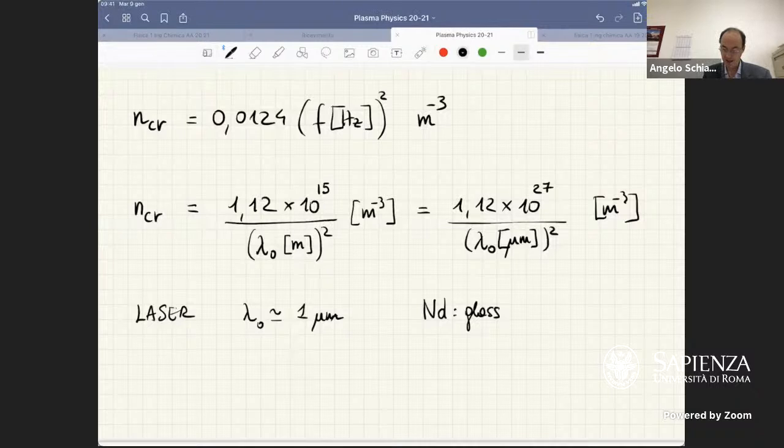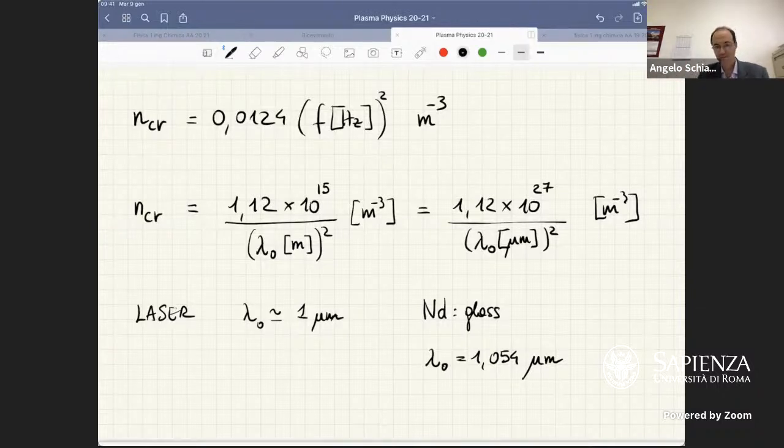And this neodymium glass laser has a typical transition that corresponds to a wavelength in vacuum of about 1.054 micrometers, so 1,054 nanometers. And this is in the near infrared.